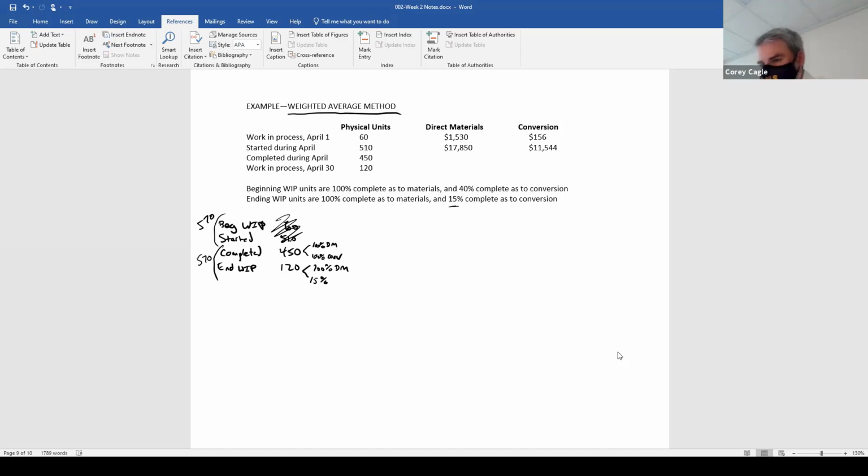So here's how I do this. This is our step 2. So you've got equivalent units of materials. There's no need to really do the math I'm about to do because you can eyeball it and see every unit's complete already as far as materials go. Let's keep a nice parallel format going.